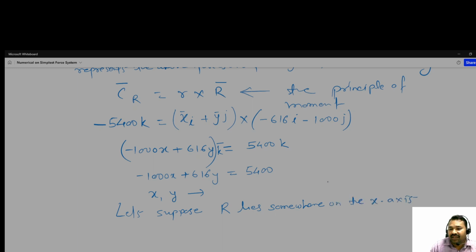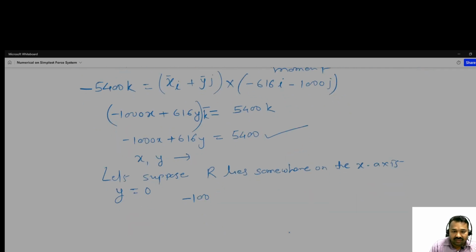Okay, so here then we can put y is equal to 0. Means this equation now can be written as 1000 x plus 616 multiplied by 0 is equal to 5400.